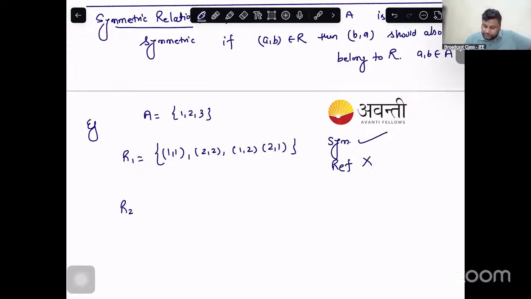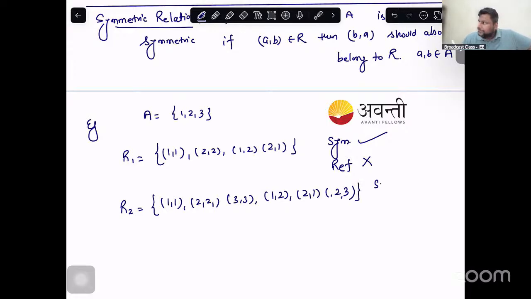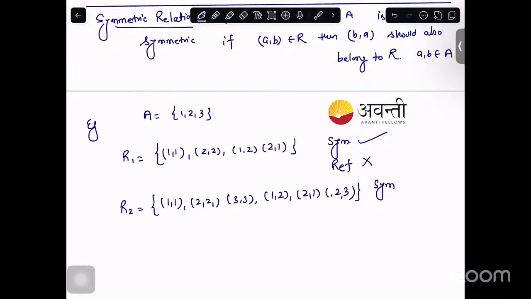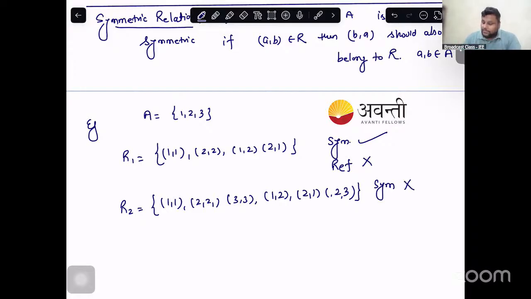Now R2 is {(1, 1), (2, 2), (3, 3), (1, 2), (2, 1), (2, 3)}. Now, is it symmetric? No, sir. Why not?